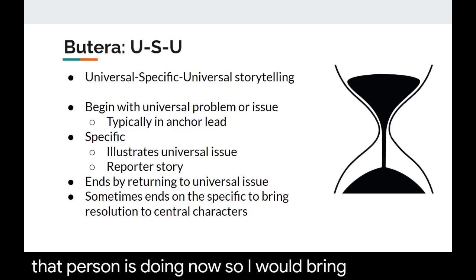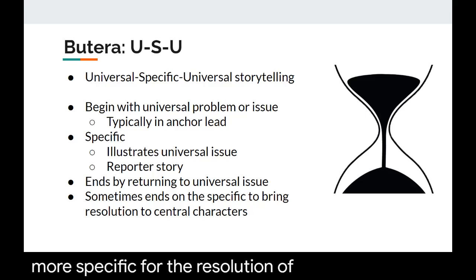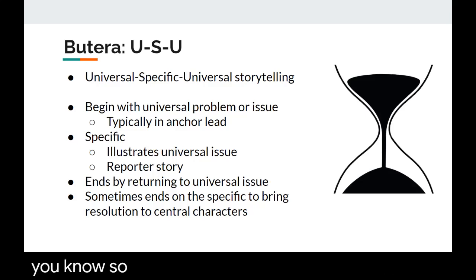So I would bring it back more specific for the resolution of the story to say, so and so has since tested negative and is doing well in their recovery, to provide that final resolution to the storytelling.